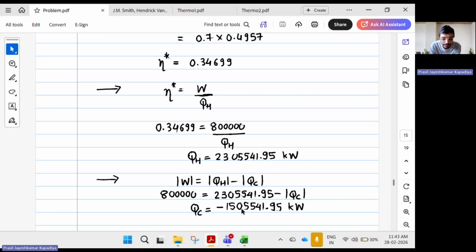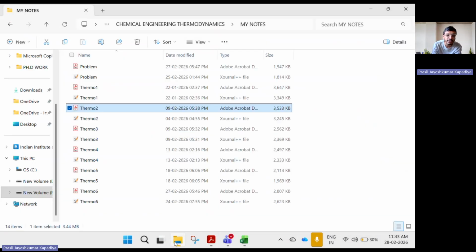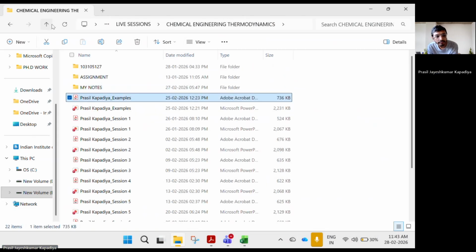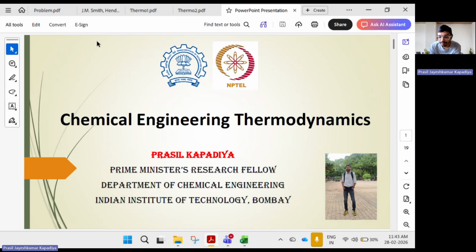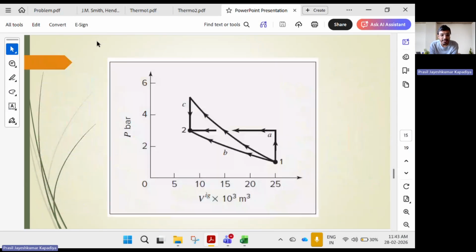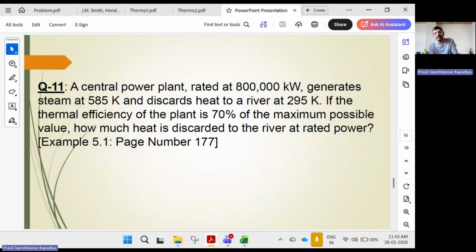Okay, so that is what we were supposed to find out, how much heat is discarded to the river at rated power. The only thing to remember here was that the maximum possible efficiency value is only for the Carnot cycle.